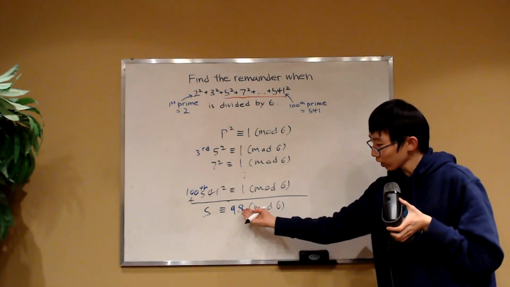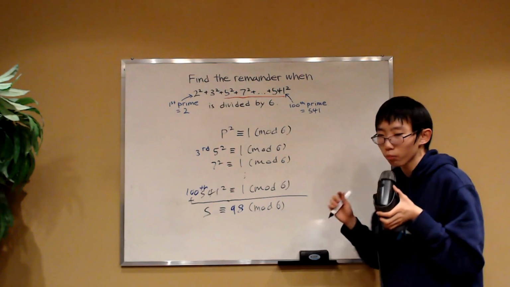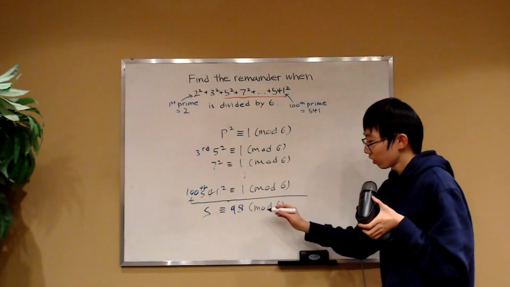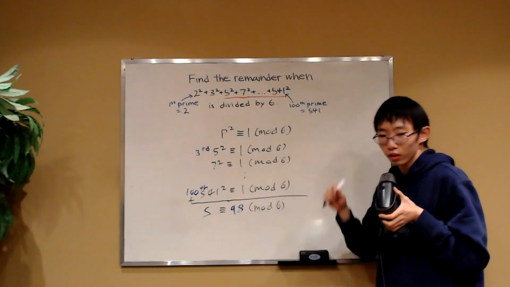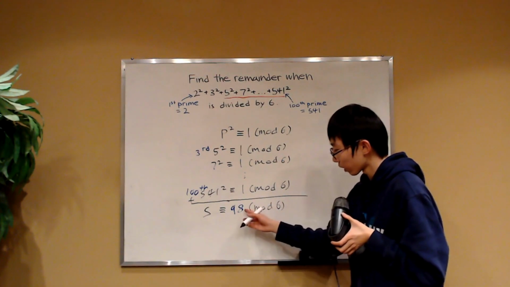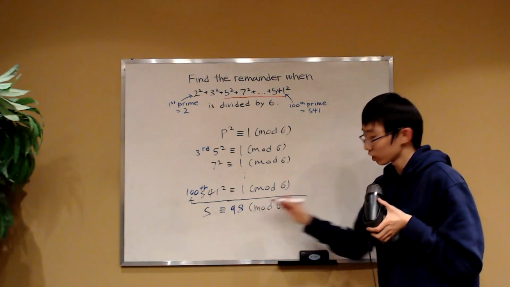Now 98 is not really what we call a residue of 6, because no number divided by 6 leaves a remainder of 98. You can divide 98 more to eventually get a remainder smaller than 6. If you divide 98 by 6, the remainder is 2.